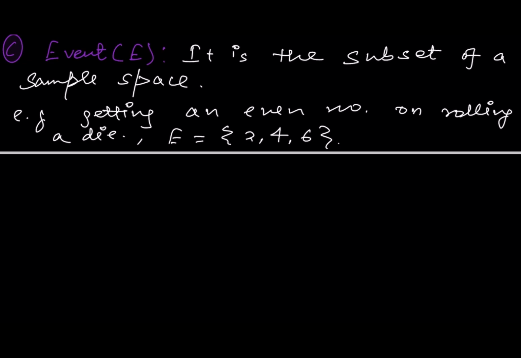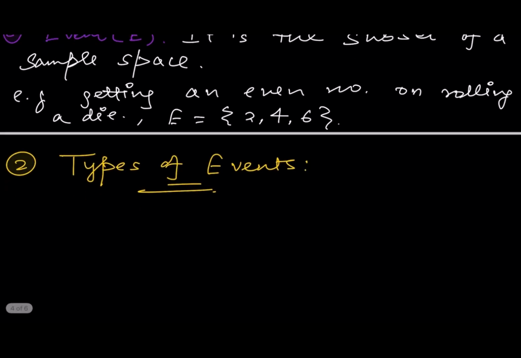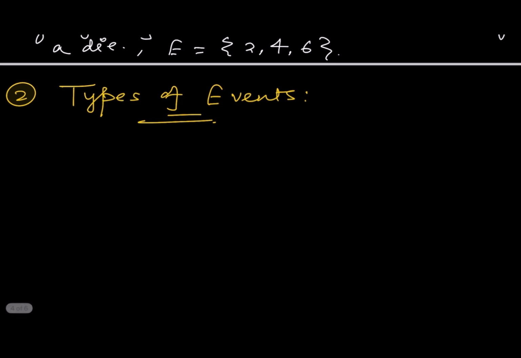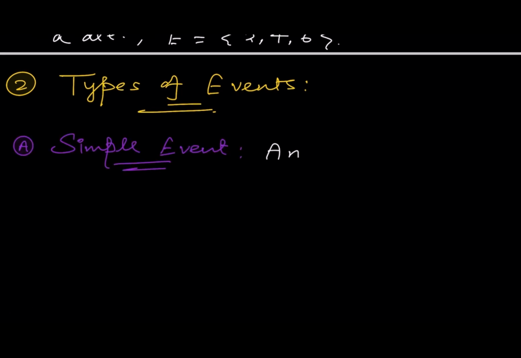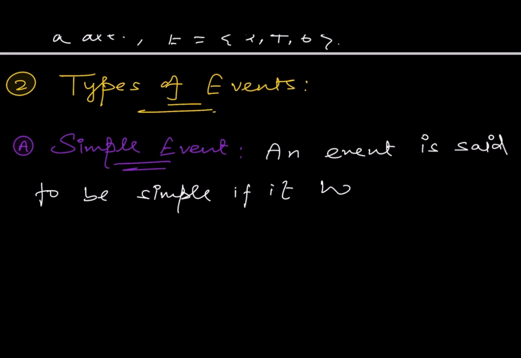Now let us come to point number 2, which is types of events. So first type is simple event. So in this, an event is said to be simple if it has only one sample point, only one outcome.